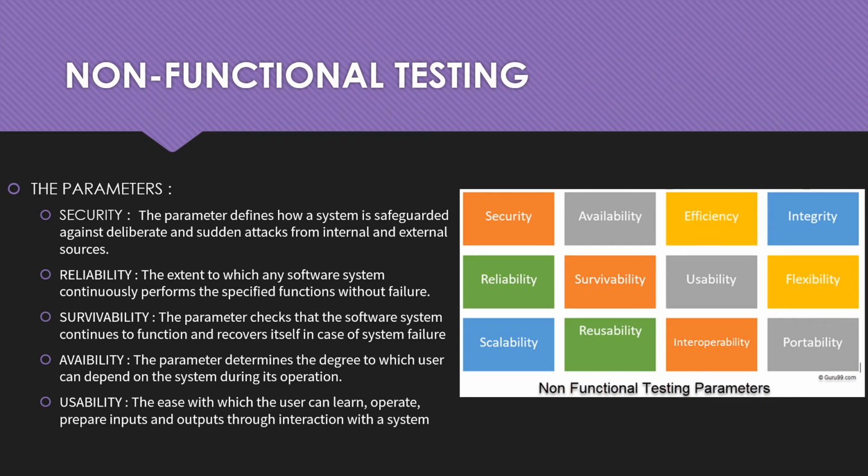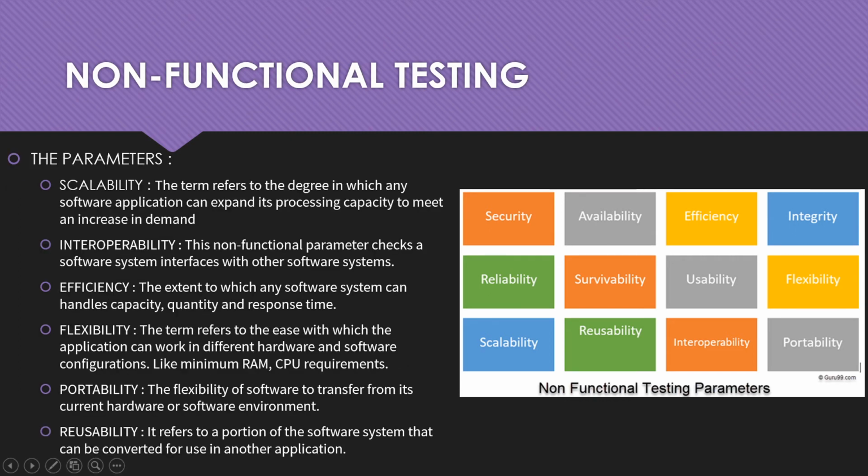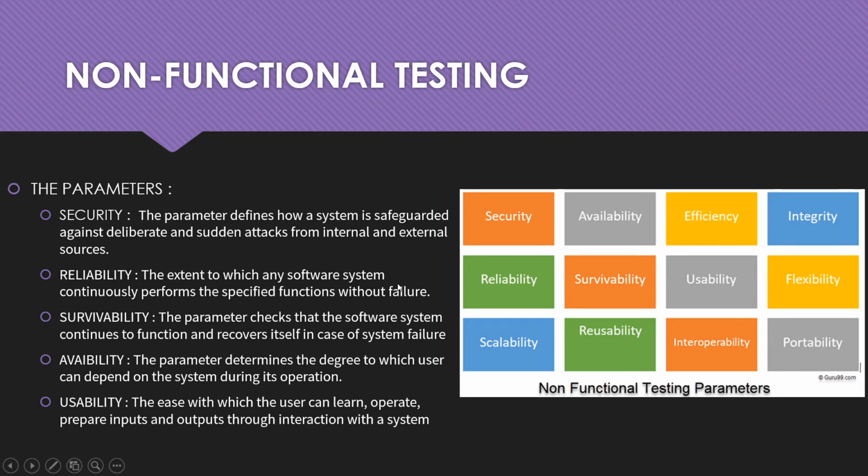And then availability is the parameter that determines the degree to which the user can depend on the system during its operation. We can check it with stability testing. And then for usability, it is about how the user can learn, operate, and prepare the inputs and outputs when interacting with a system.